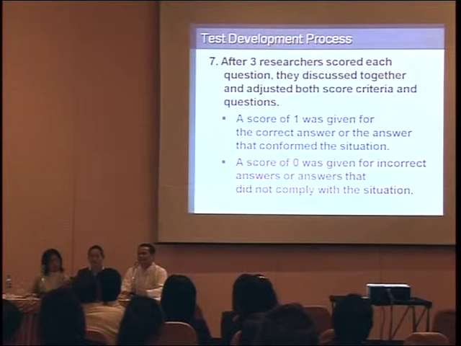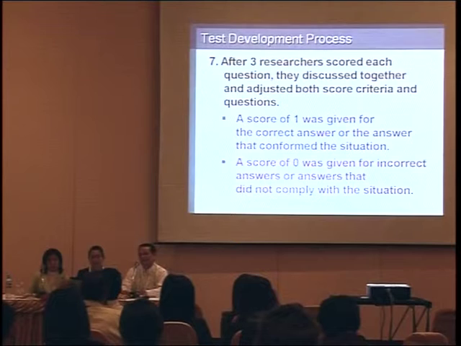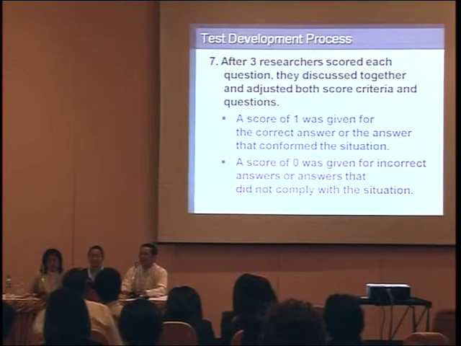After the students answer the questions, I have to check the criteria for scoring. We have to discuss what should be in the scoring. I have to show that a score of 1 is given for the correct answer, or an answer that fits the situation, and a score of 0 for any other answer.